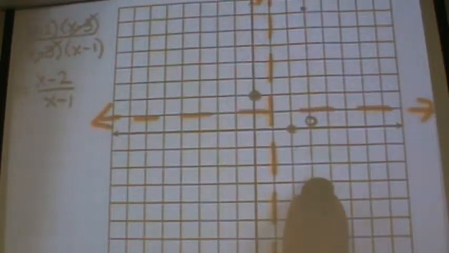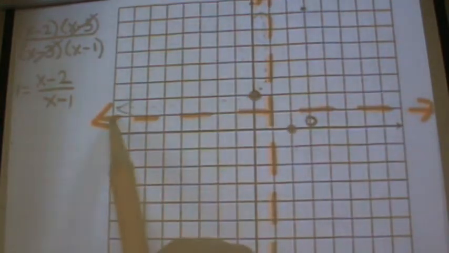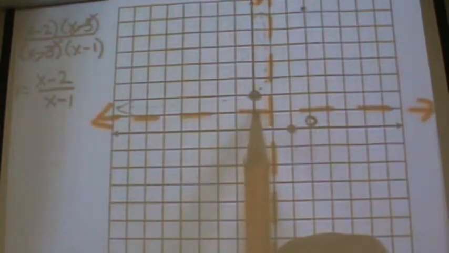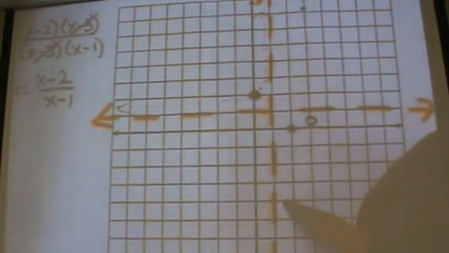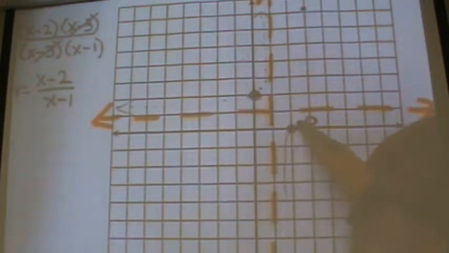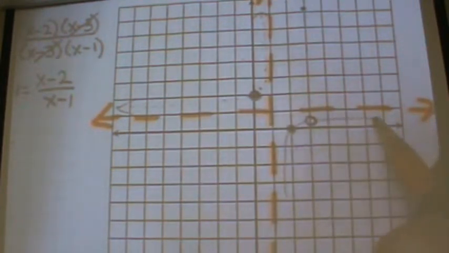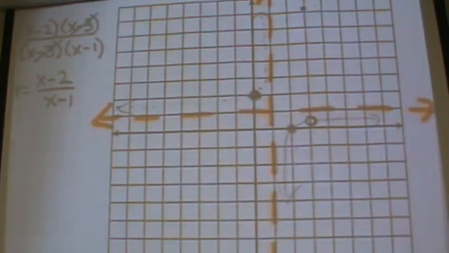This is my guess, I'm going to bet it looks like this. From negative infinity to 1, I bet it's going to be positive. And then I bet it's going to come down here and look like that. Let's see if I'm right.